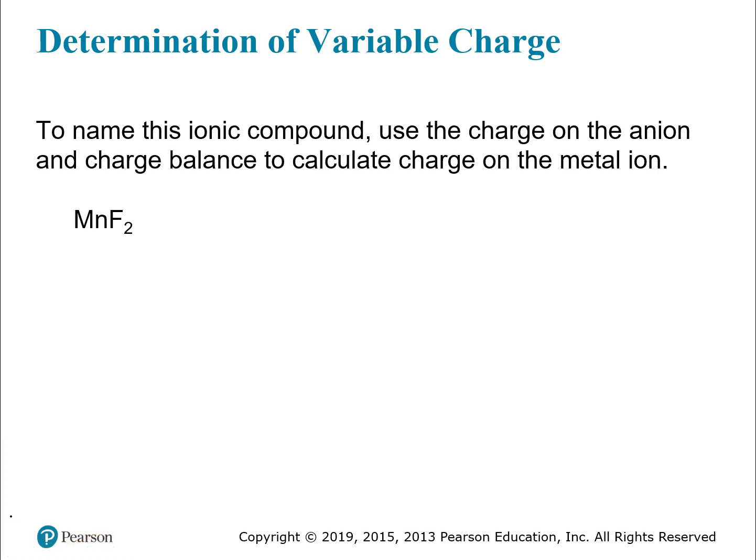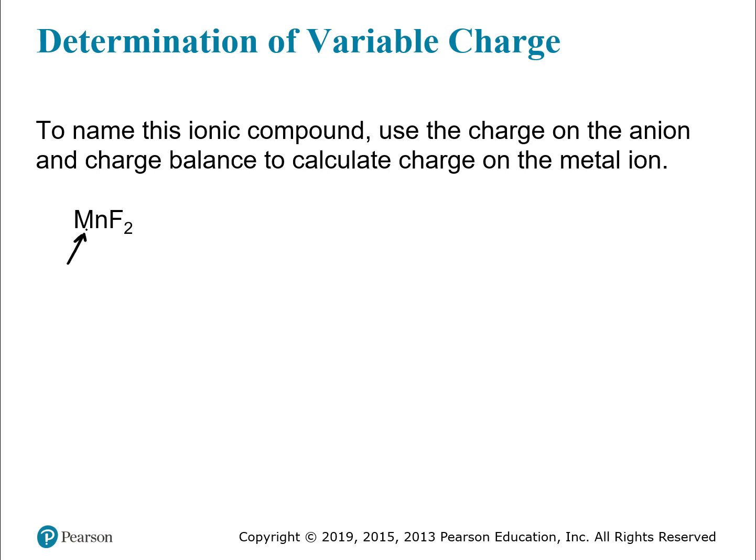Now let's say that you do have a transition metal and you're trying to name a compound. You can't name this compound without knowing the charge on the metal. So you have to use the charge on the anion and charge balance to calculate the charge on the metal ion. So last time we looked at the metal first and we were able to just name it straight up.